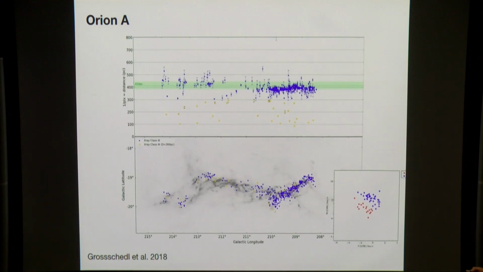Here we have the Chandra X-ray class 3s, and again they're all in the front. They kind of go back, but the same thing with the class 2s. The cloud bends. That part is further away than this part. But then you also have an interesting population of X-ray sources that we thought were class 3s, as close as 100 parsecs, just like the other plot.